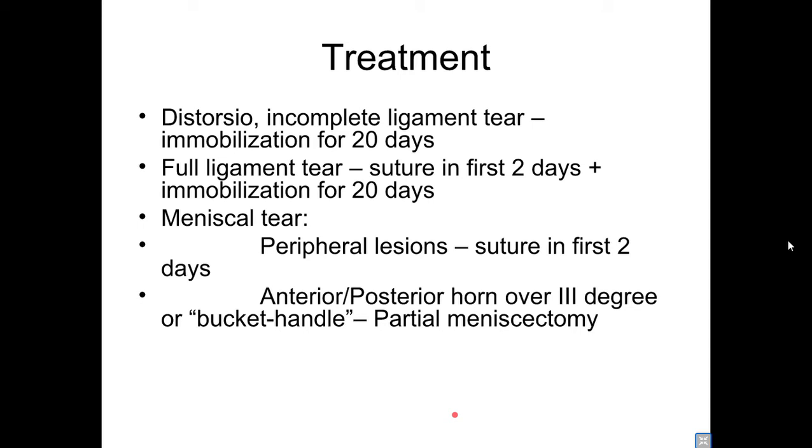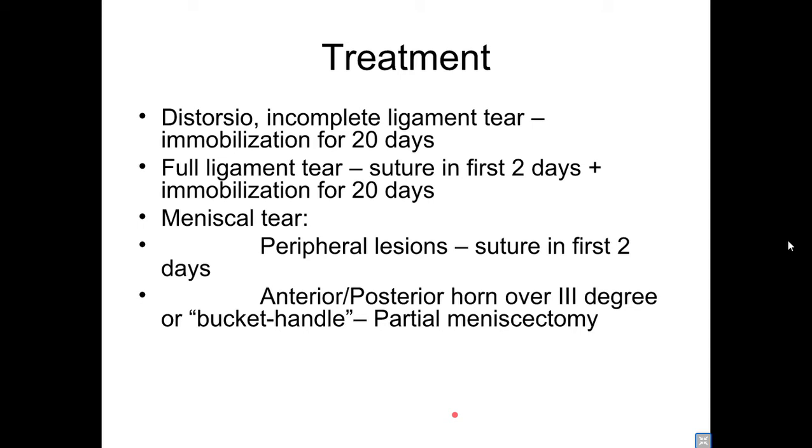Meniscus tear could be very different. Many of the meniscus tears could be treated conservatively. Some of meniscus tears could be treated by suturing of the torn meniscus to the capsule of the joint.